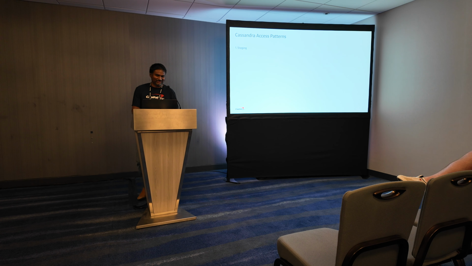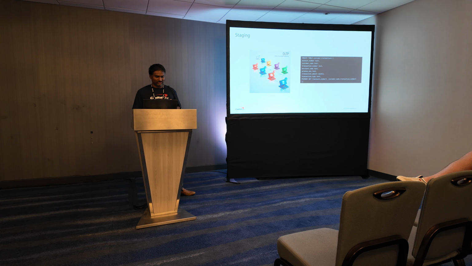Okay, with everything we needed to take care of, that's all taken care of. Now Larry gets into the meat of the presentation. The first thing we are going to see is a pattern called staging. The second one we will see is history and life. For that, we need to set the stage. Imagine there is a customer-facing online transaction store, which we will name customer transactions, rightly named.